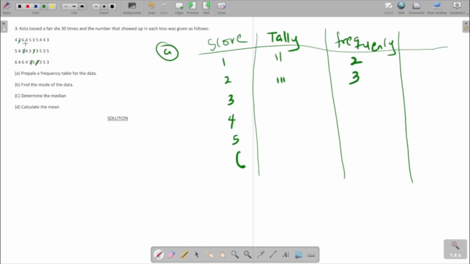How many times do we have 3 showing up? I think we have a lot of 3 here. 1 2 3 4 5 6 7. So it showed up 7 times. 4: 1 2 3 4 5 6 7 8.